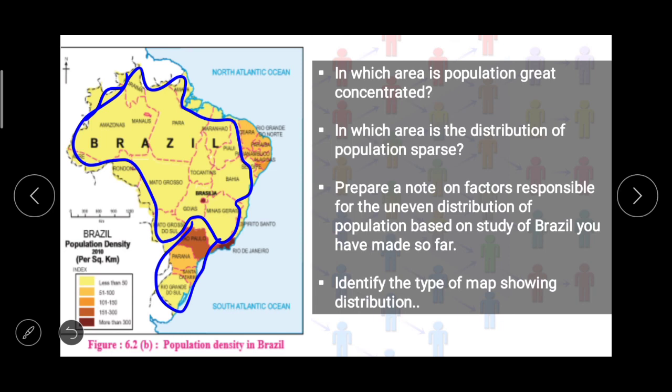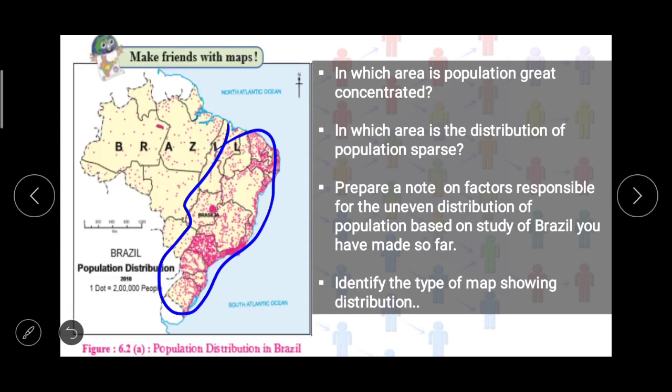So here one more thing, for the settlement of population all these things play an important role, like favorable climate होना चाहिए, rainfall which should be ऐसा कि जहाँ पर लोग रह सके. The central and western part of Brazil is less populated. Here you can see. The density of population in the highlands of Brazil is moderate.